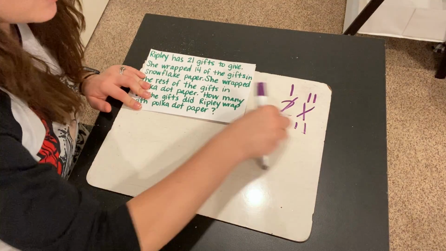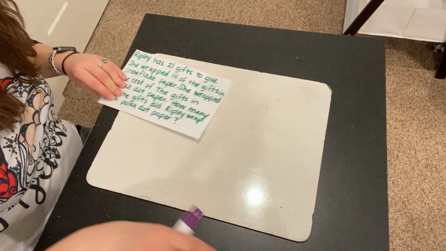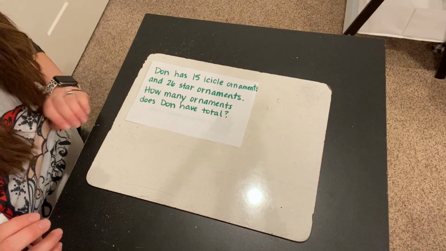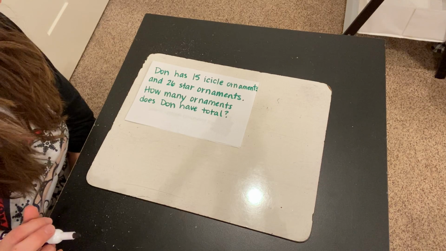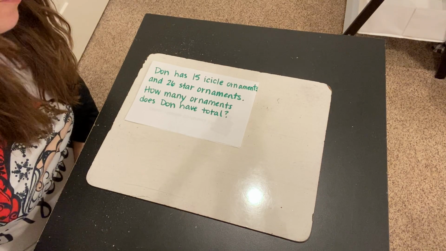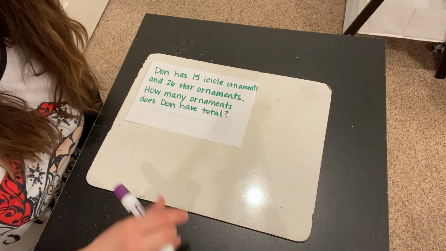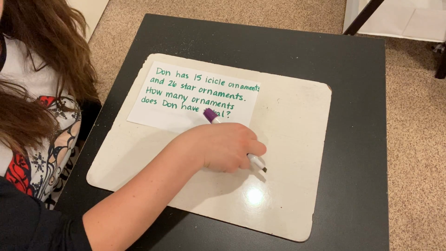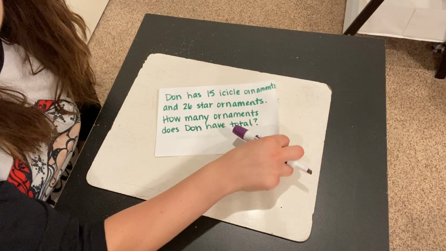We have one more problem to solve. Dawn has 15 icicle ornaments and 26 star ornaments. How many ornaments does Dawn have total? Okay, is this a problem that we're going to need to add or subtract?